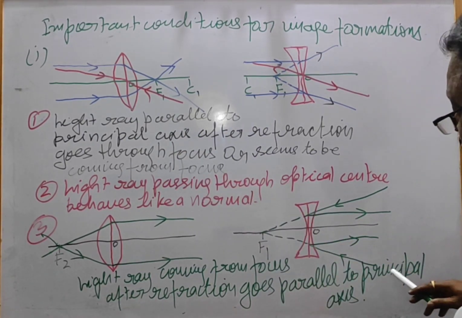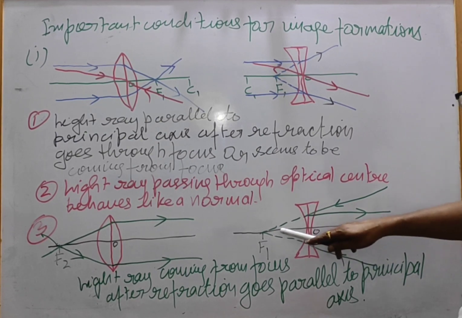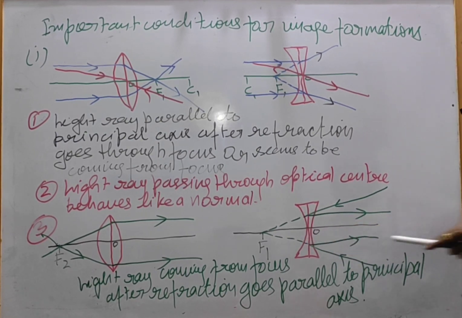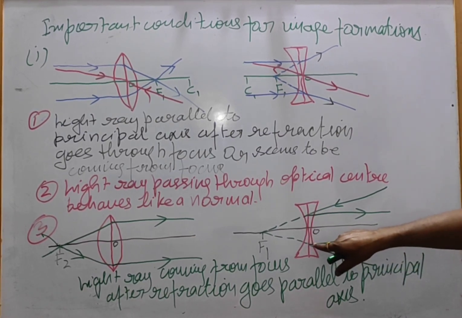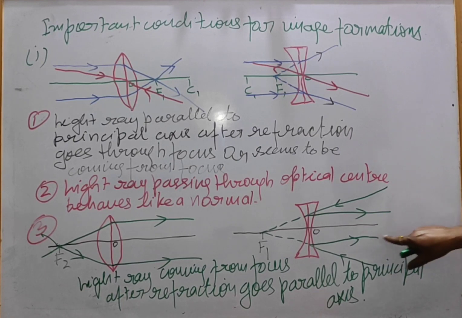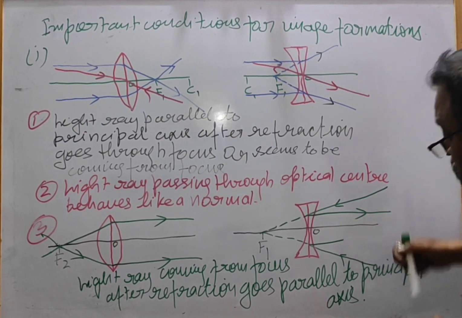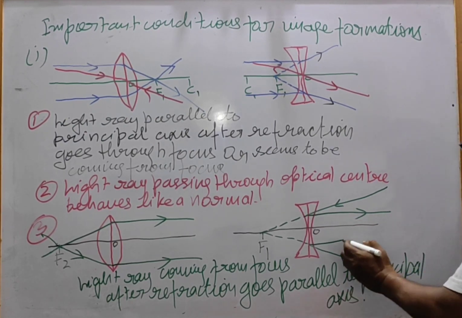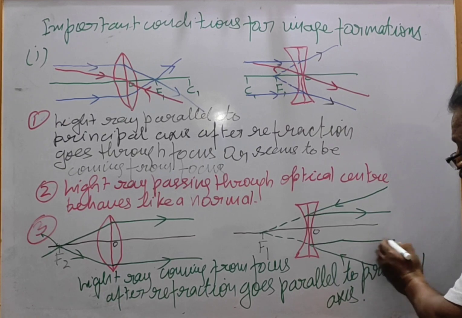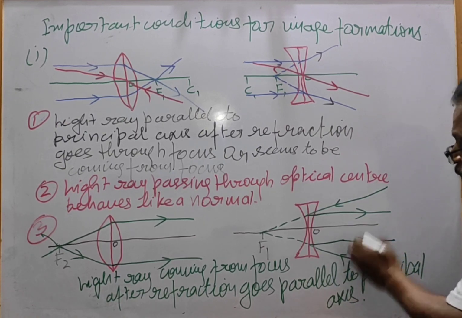Here the light ray is going towards the focus, but after refraction it goes parallel to the principal axis, right? So these are the three conditions for image formation we have, right?